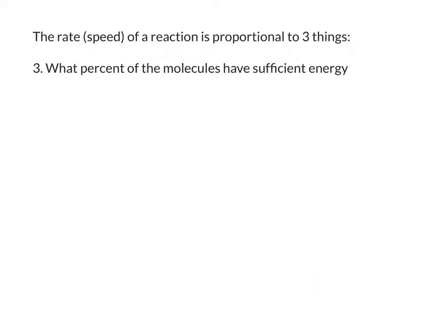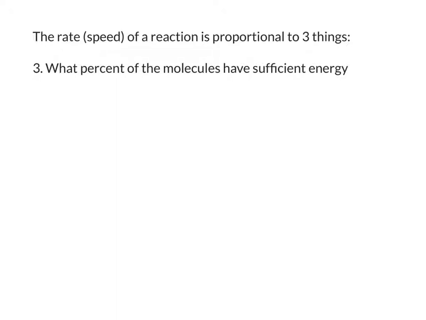The rate of a chemical reaction is also proportional to what percent of the molecules have sufficient energy. What I mean by that is what percent of the molecules have enough energy to break the chemical bonds that already exist in the reactants. As we saw in the previous slide, in order for a chemical reaction to occur, bonds in the reactant molecules need to be broken.